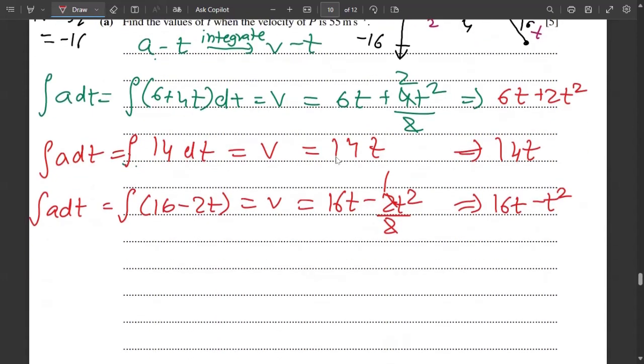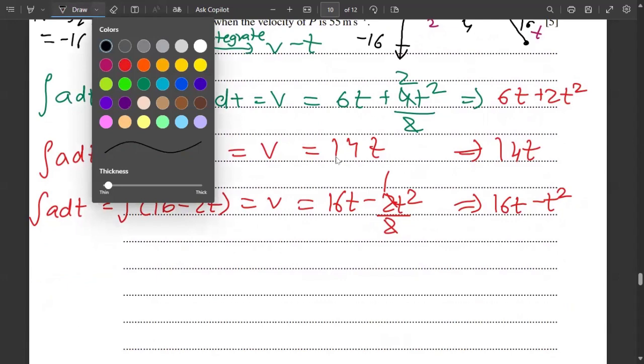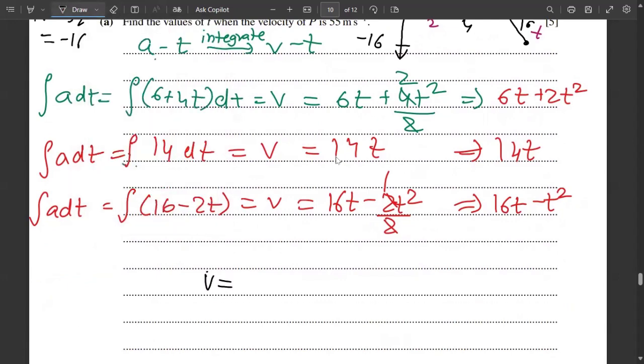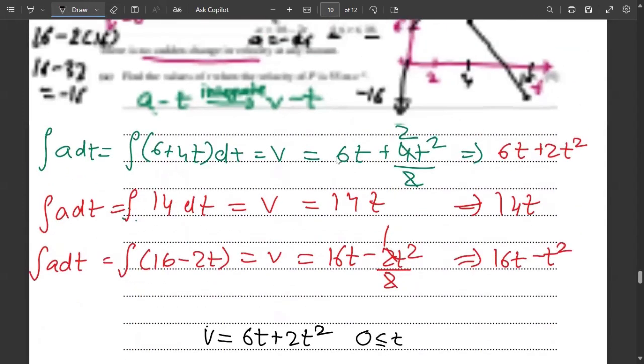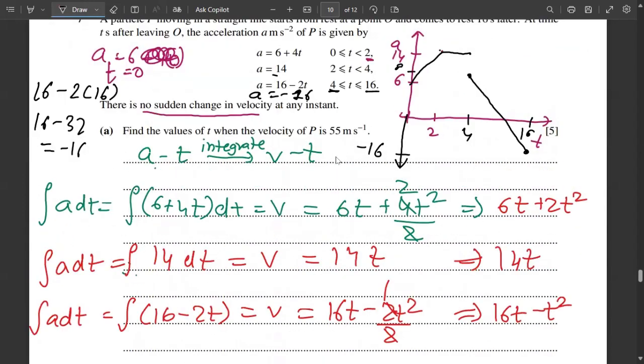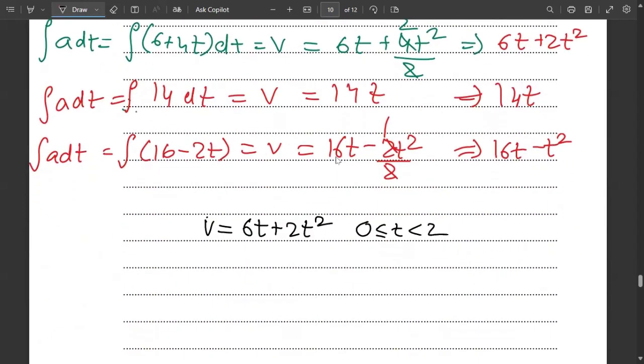So now let's draw the velocity time graphs. So the velocity will be 6t plus 2t square for time 0 to 2. Velocity will be 14t for time 2 to 4.